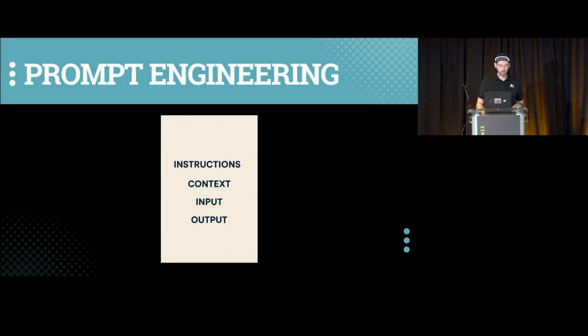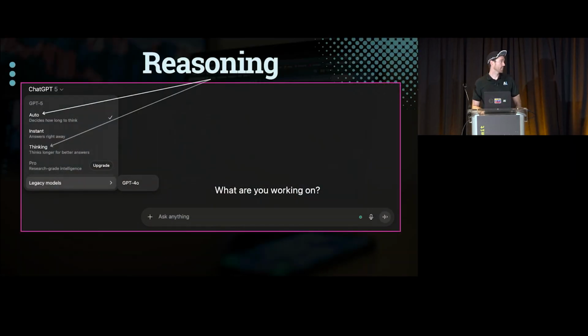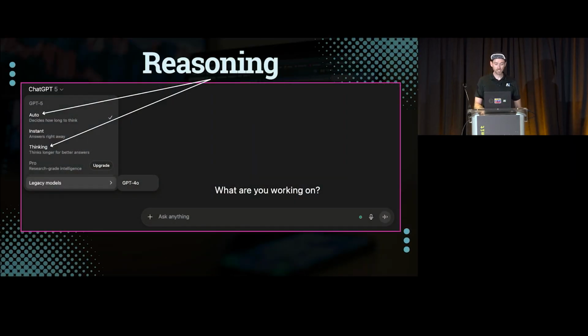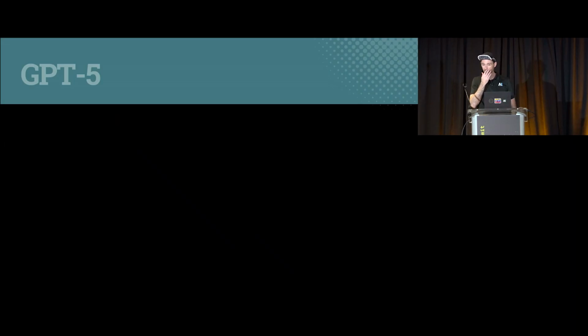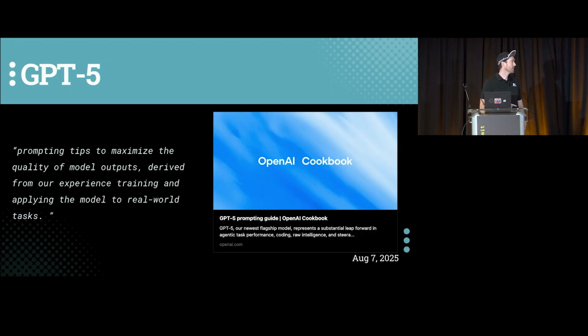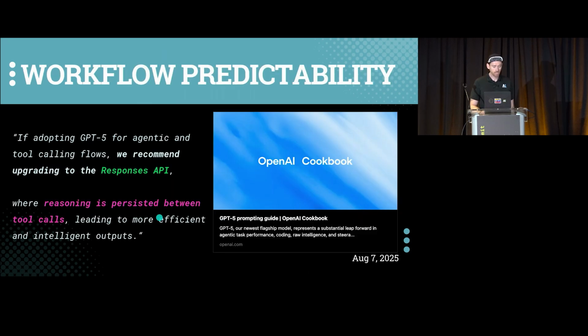So prompt engineering is no longer just this. Where's the reasoning, exactly? Where are the agents, exactly? Where's the good stuff in ChatGPT, exactly? And where are we incorporating this idea of these models being natively better? GPT-5 comes with its own prompting guide. It comes with its own tips and tricks to make the model better.